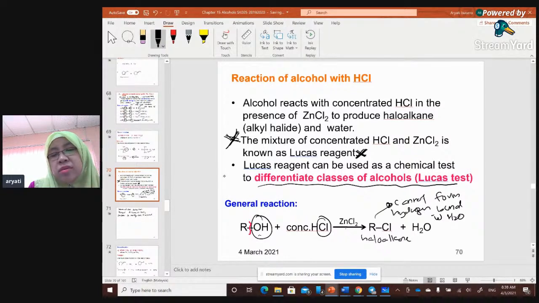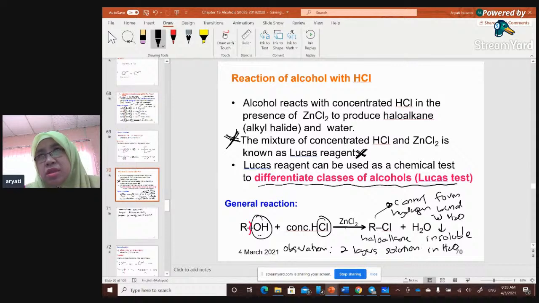So bila dia cannot form hydrogen bond in water, dia insoluble in water. So bila insoluble in water, so kamu akan observe, your observation is you will get two layers solution form. Sebab itulah kamu dapat cloudy solution. So kalau cloudy solution tu, kalau kamu letak dan tunggu lama sikit, kamu akan dapat two layers. Because haloalkane form is insoluble in water.